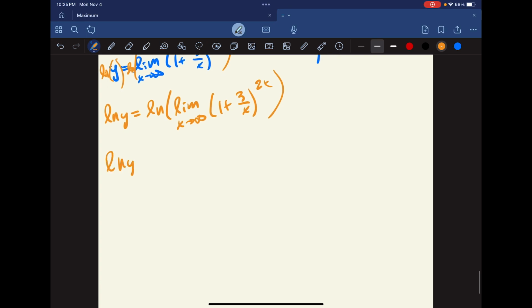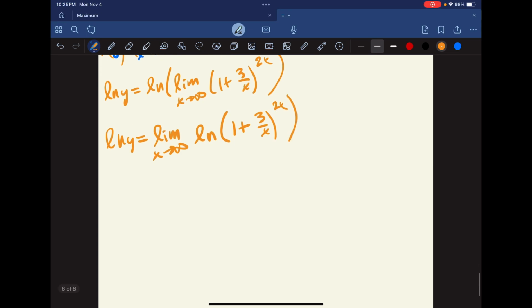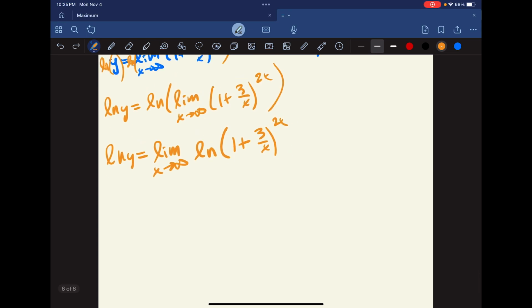And so then ln y equals, and for reasons I can only describe as extended PEMDAS, the ln moves inside of the limit sign. So then we're dealing with the limit as x approaches infinity of ln of 1 plus 3 divided by x all to the 2x. And we don't need that parenthesis.